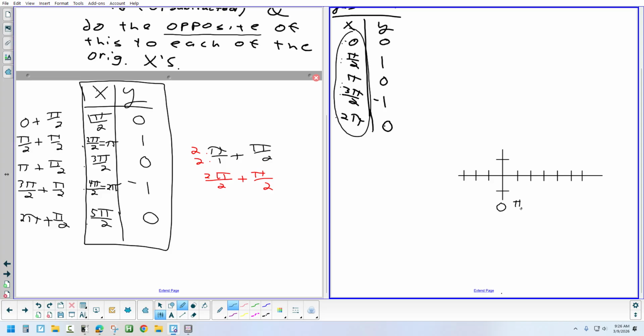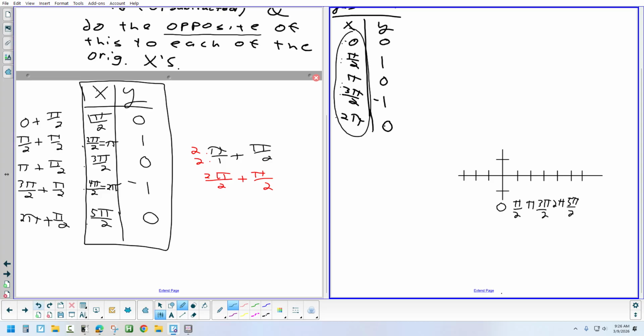The first tick mark is going to be pi over 2, pi, 3 pi over 2, 2 pi, and 5 pi over 2. That's the label for each tick mark. And I wrote it down a little bit lower because I'm going to be drawing in that area right there. So if you put your labels right on the tick mark, you're going to draw through them. So I put them down below.